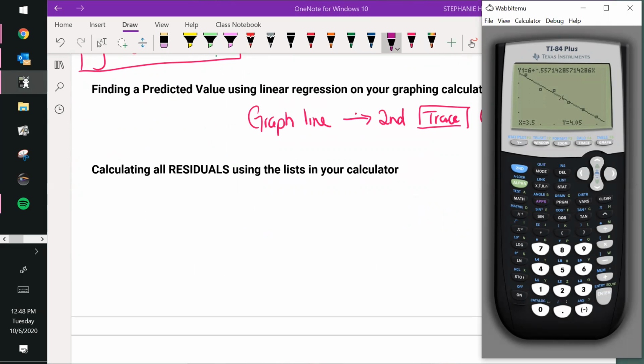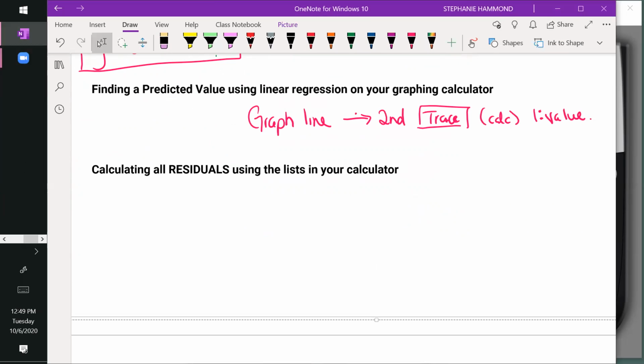So the first thing that's really important that I want to say before I even go over that is, before calculating residuals, the very first thing that you have to do is make sure that your least squares regression line is calculated, at least calculated on your graphing calculator.